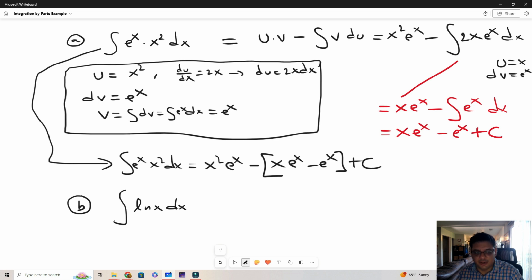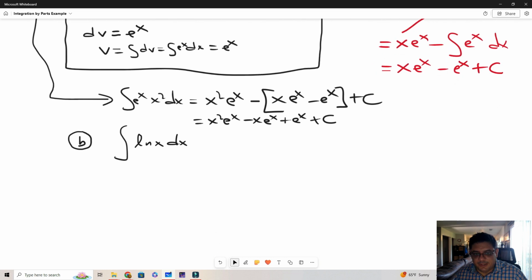The sign doesn't matter for the plus c. Notice that this is the end of this integration. I can break apart the minus if you want. This is x squared e to the x minus x e to the x plus e to the x plus c.